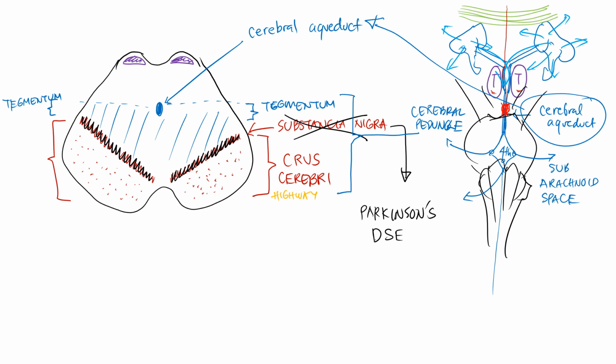Now, let's erase that one. Okay, so after your cerebral aqueduct, that's another area. We call it the tectum. Okay, so the tectum is the posterior part of your midbrain, just after your cerebral aqueduct, and anterior to that would be your tegmentum and crus cerebri.